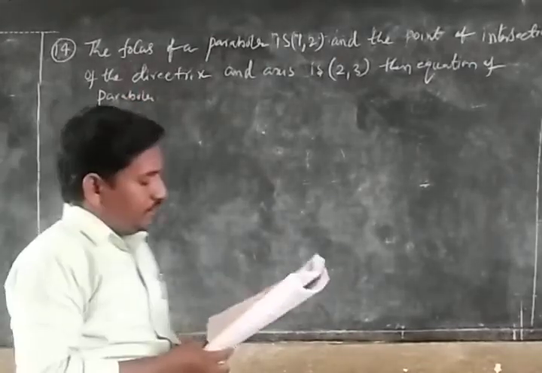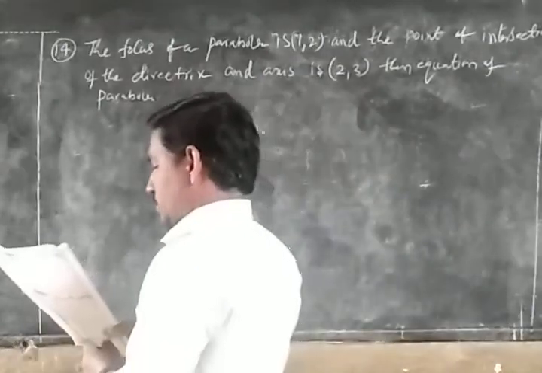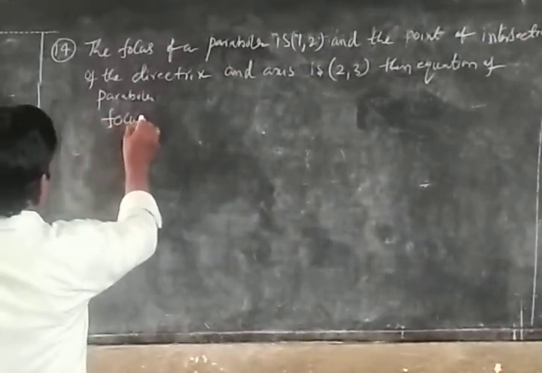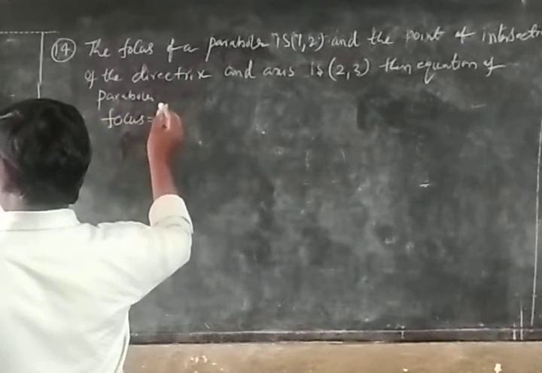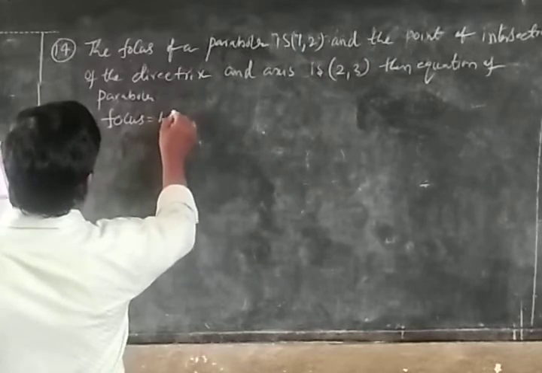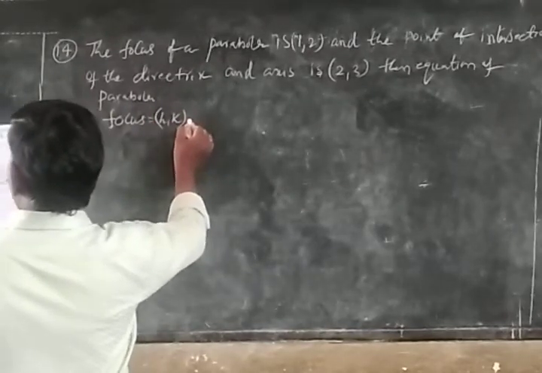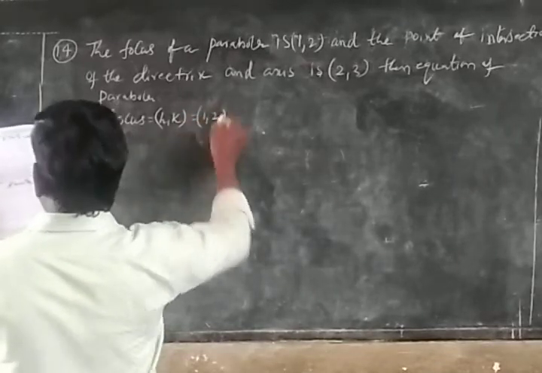Okay, what is given? The focus of a parabola is given. Focus (h, k) is (1, 2).